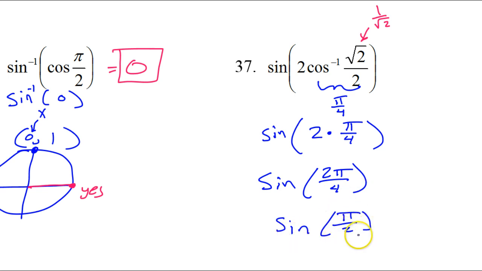So what's the sine of pi over 2? Well, looking at the unit circle, pi over 2 is right here. This is the point 0, 1, and the sine is the y value. So the answer of this is 1.